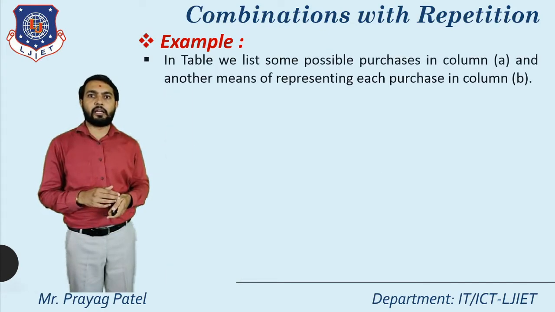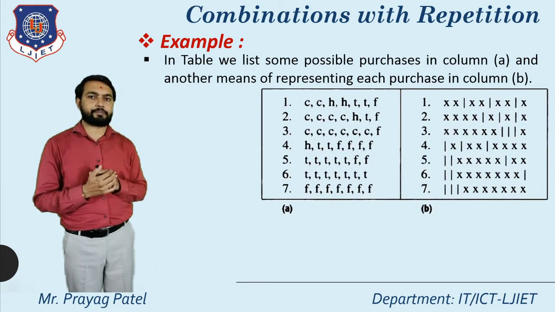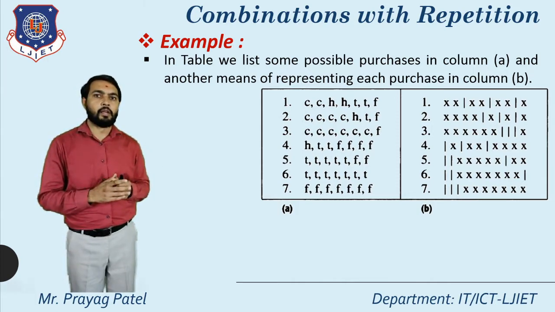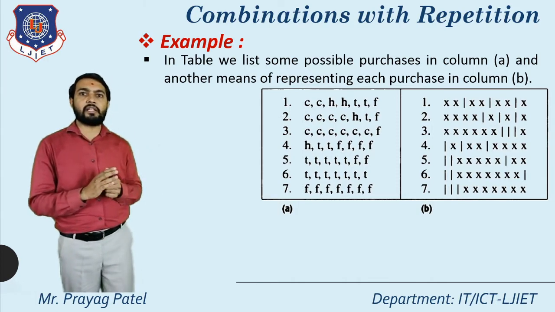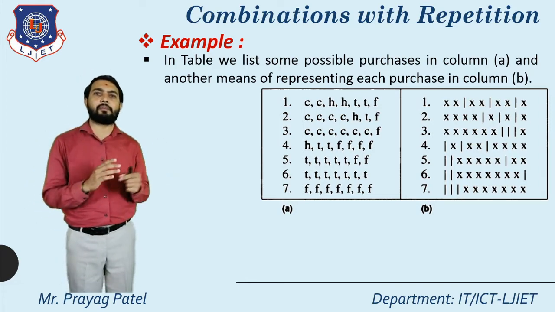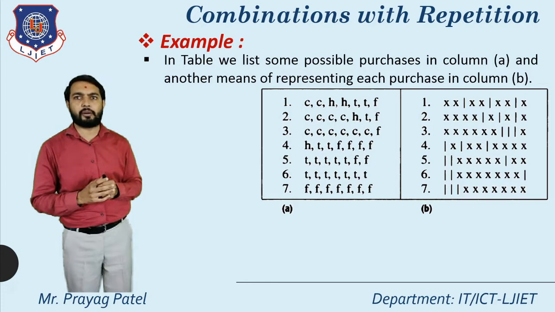For that, consider one table with two parts, A and B. In part A we represent the C, H, T and F type of variable, and in part B we represent X for each and every item.